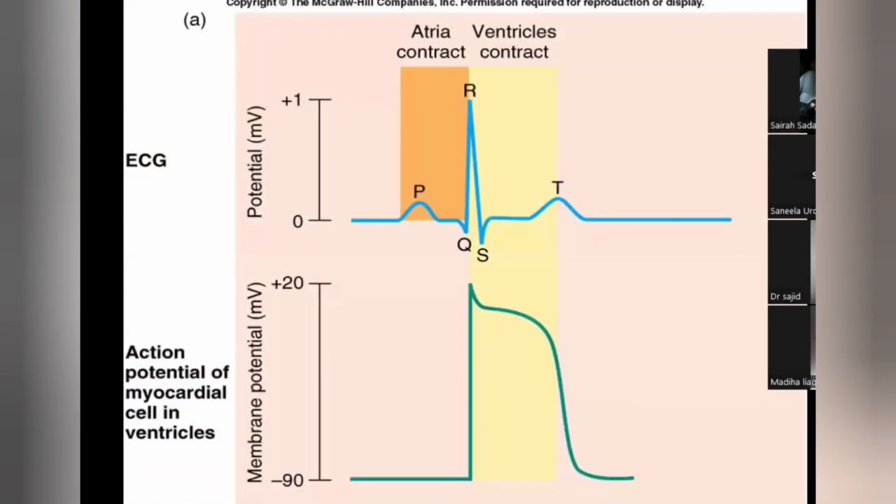This is a very interesting diagram. Now you can correlate it with the cardiac cycle. But the more important part I want to tell you is that if you can see clearly, up till here, this dark brown or orange colored part of the ECG shows atrial activity, atrial contraction, while this side of the ECG gives you information about the ventricular contraction or the ventricular side of the heart.